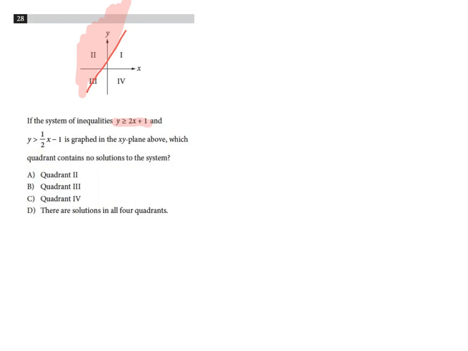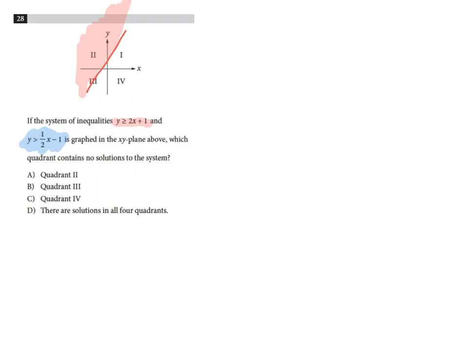Okay, so for our next equation, we've got y is greater than 1/2 x minus 1. Well, that's going to be dotted because it's strictly greater than, and it has a positive slope of 1/2 and an intercept of -1.